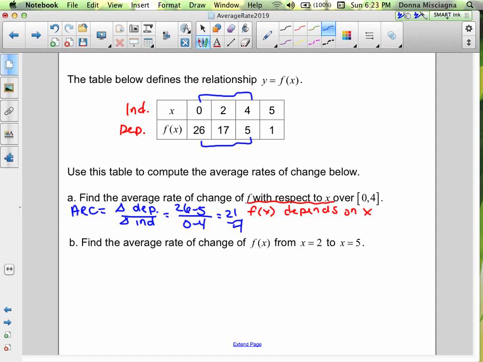All right, now let's find the average rate of change from 2 to 5. So that would be from these two values. All right, so average rate of change is the change in the dependent divided by the change in the independent.